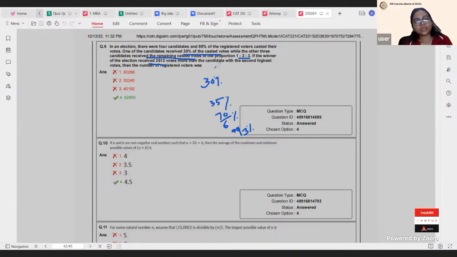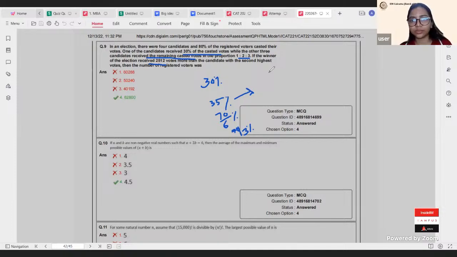So here, the winner of the election got 35% of the cast votes. If we consider the registered voters to be, suppose, 100x, the number of cast votes will come out to be 80x. And 35% of 80x comes out to be 2512.